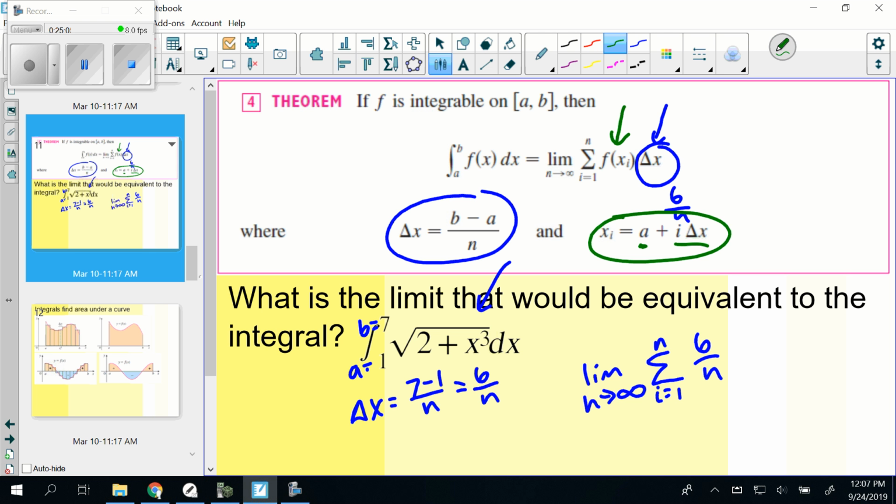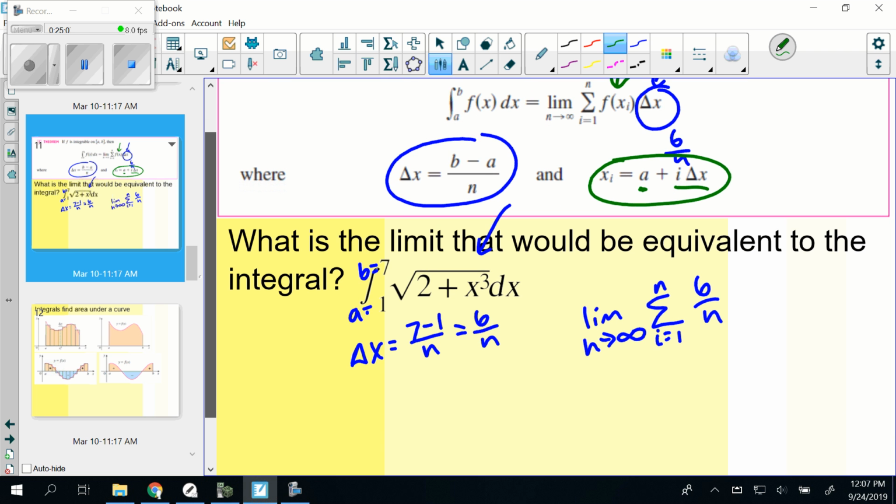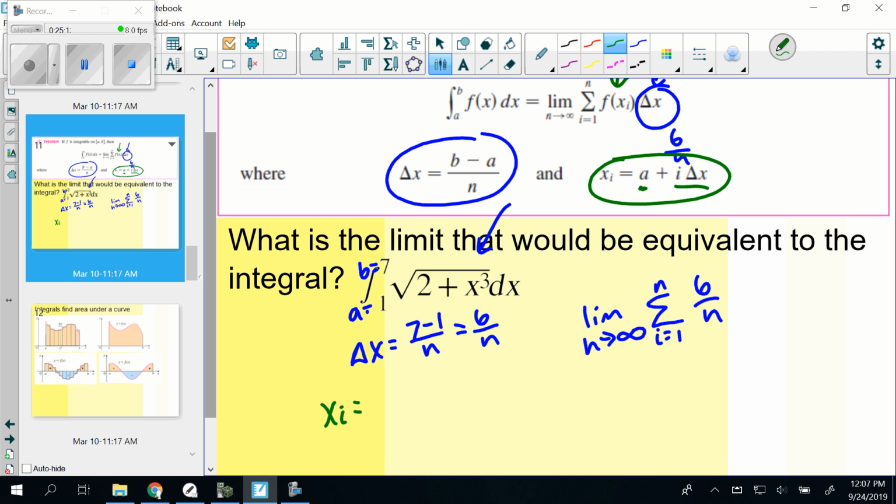So to figure this one out, we are going to have to figure out what is that x of i. What's the distance that we can then find the height at with f? So we would take our a point, which is again 1, and onto that we're going to add the change here. The change would be i times our change in x, which we already found.